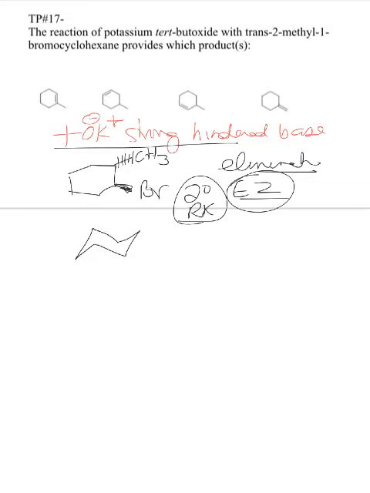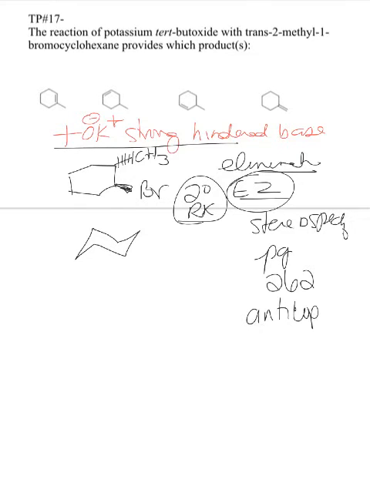So it's E2. So E2 is going to be what? It's going to be stereospecific. So if you study your review, you'll see that the E2 mechanism is on page 262, and you have to abstract a proton, and it prefers to be anti-coplanar. So let's draw this. We want the bromine to be in the equatorial position.